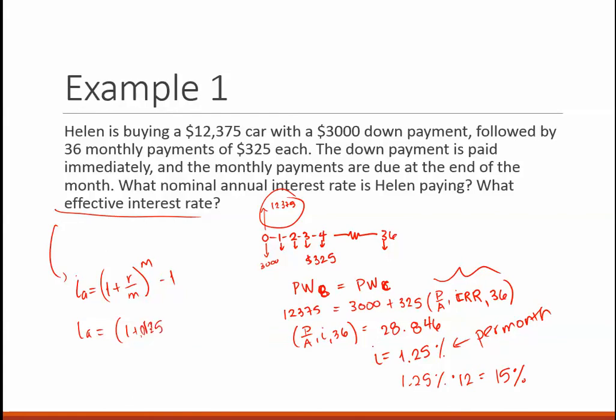Sorry about the terrible handwriting here. To the power of 12, minus 1. And what I get is 16.08%. So these are my two answers.